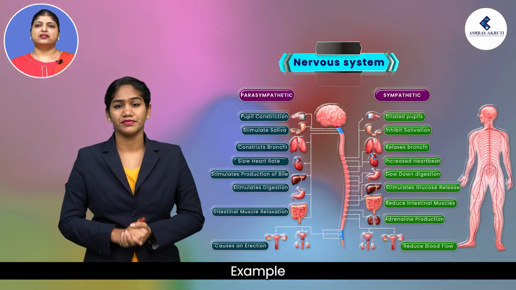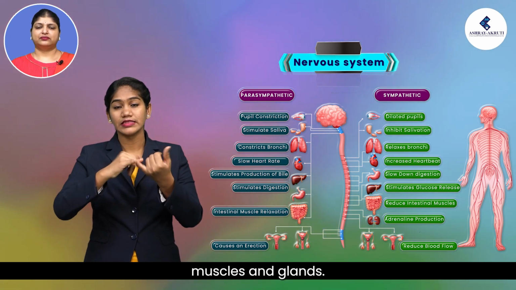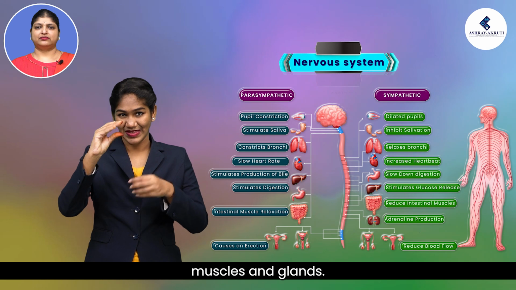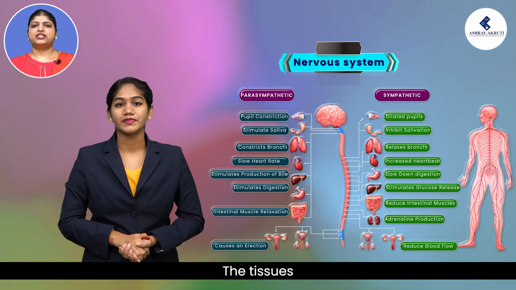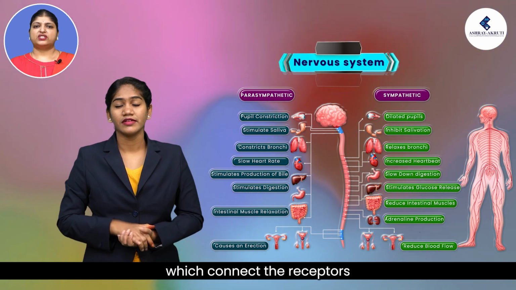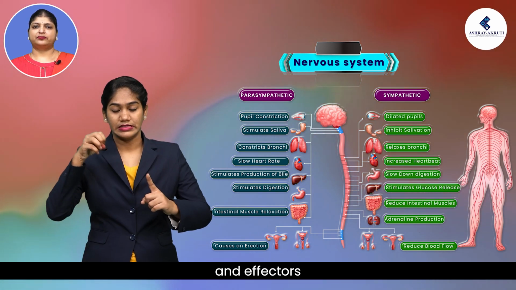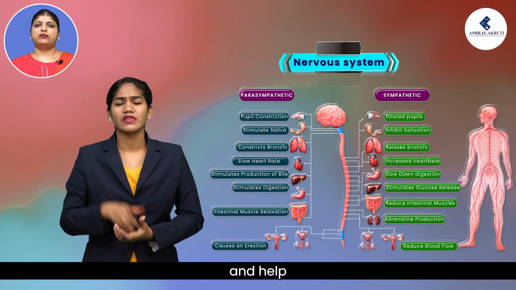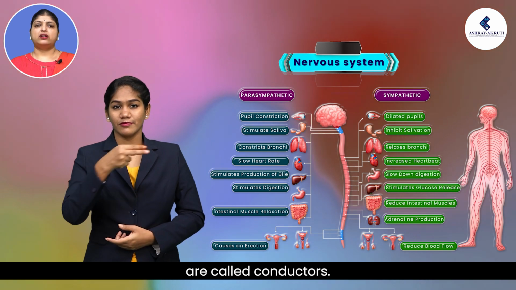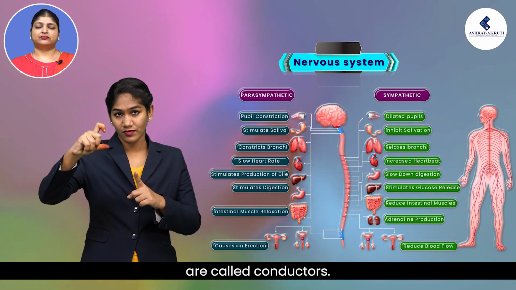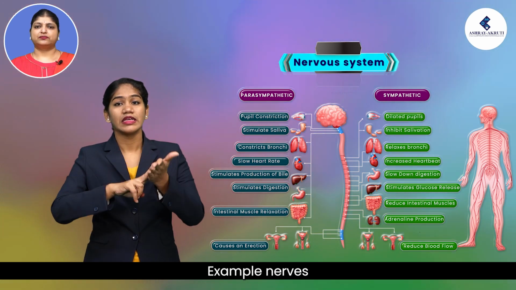Example, muscles and glands. The tissues which connect the receptors and effectors and help in the transmission of impulses are called conductors. Example, nerves.